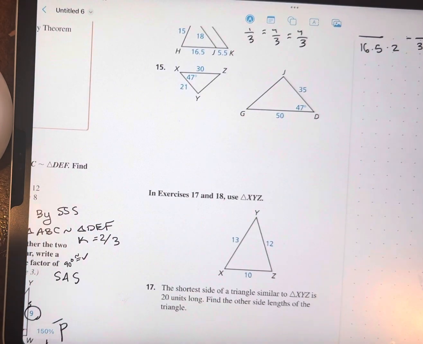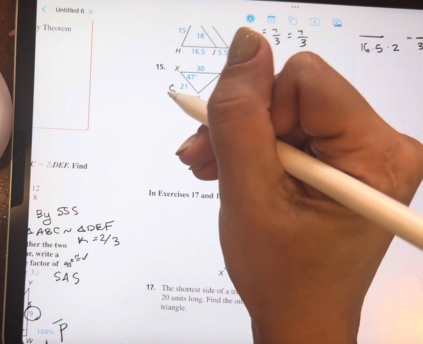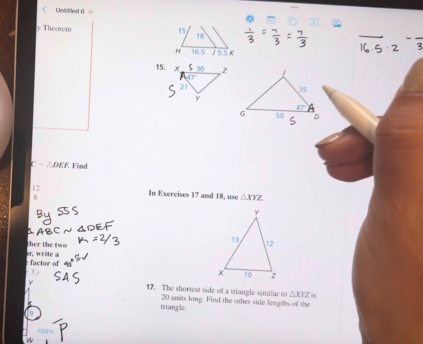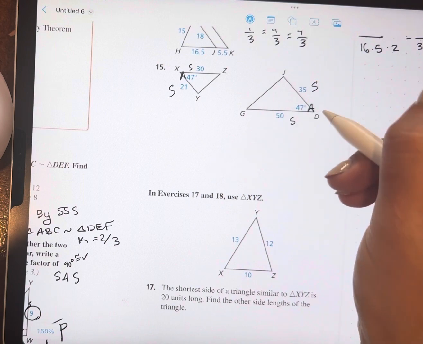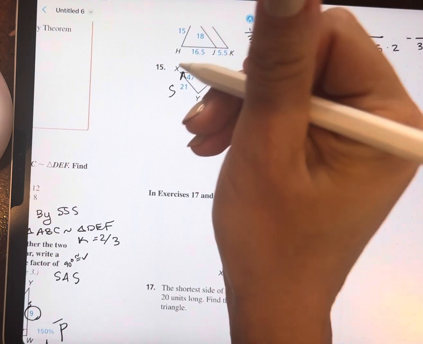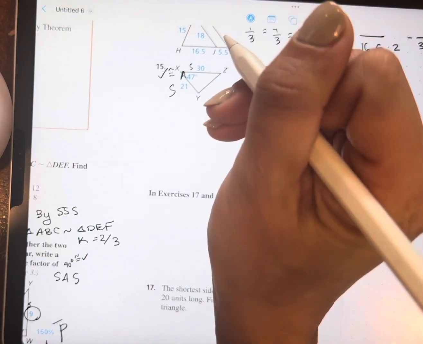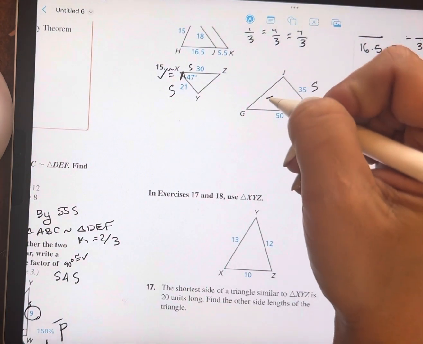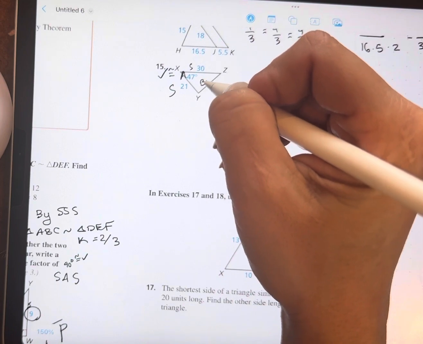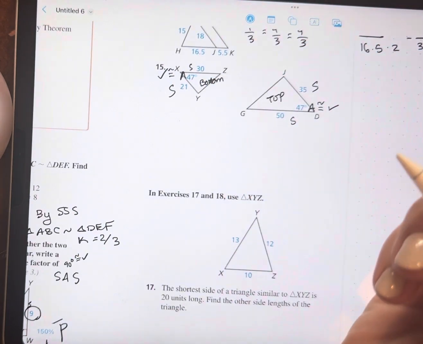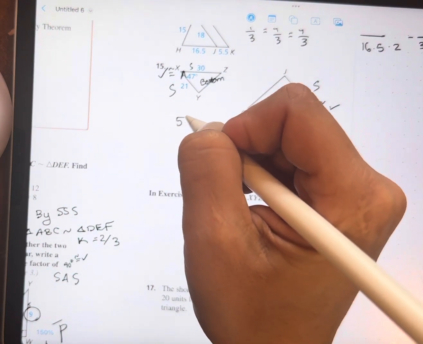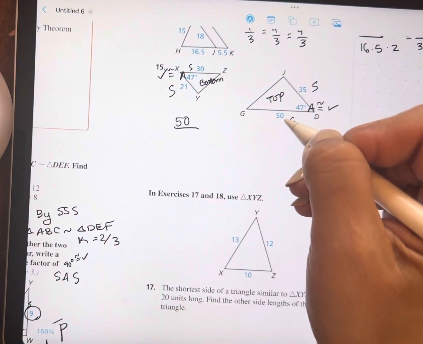Okay, I've got a side, an angle, and a side. The angles are congruent. Check. Okay. So now the side ratios must be the same. So this is going to be my top. This is going to be my bottom. I'm going to go 50. That's the bigger side.